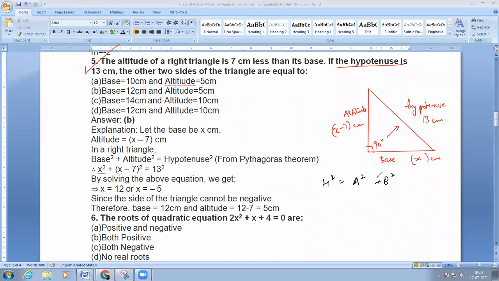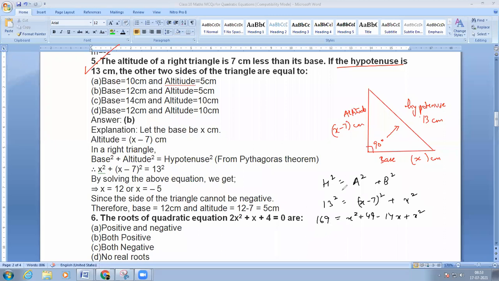Altitude is none other than the perpendicular. Now hypotenuse is 13 square, altitude is x minus 7 whole square and base is x square. So substituting the values, 169 is equal to x square plus 49 minus 14x plus x square.